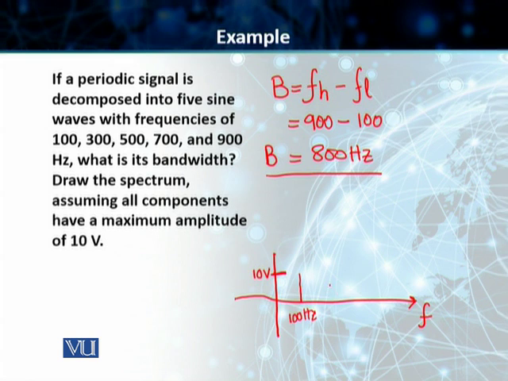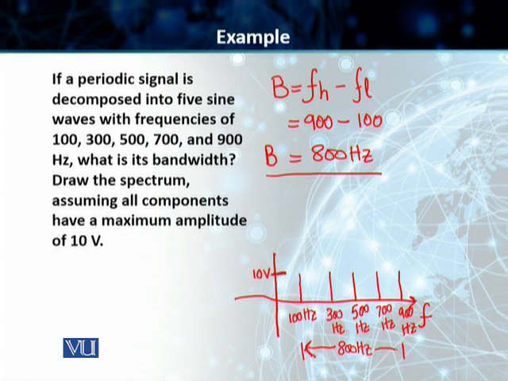Then we had 300 hertz. We had 500 hertz, 700 hertz. And the last spike is going to be 900 hertz. And we know that all components have got a similar amplitude, which is 10 volts. The bandwidth, as we have already calculated, is 800 hertz.